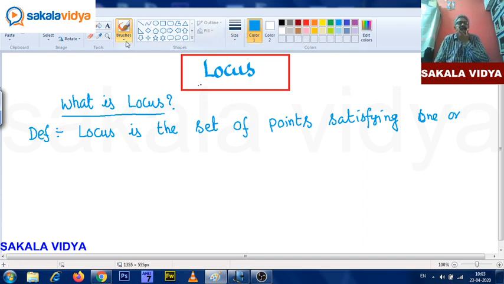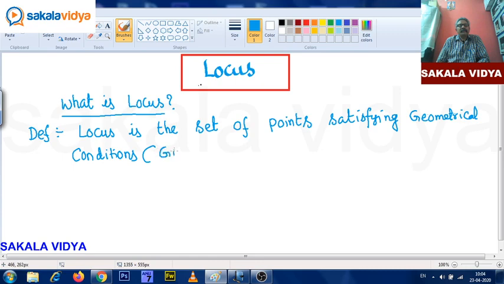So, that is the better thing, we can say that. Locus is nothing but set of points satisfying the given geometrical conditions.